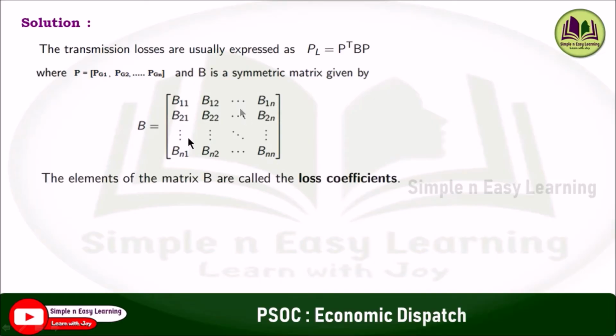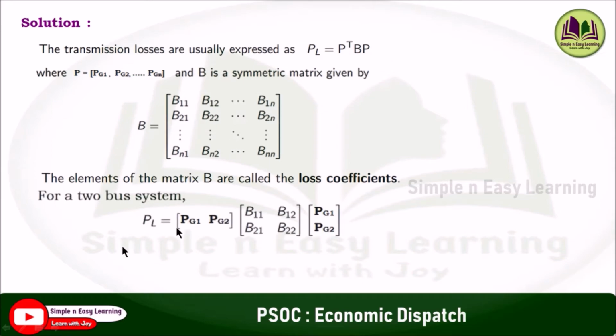The elements of this matrix B are called the loss coefficients. In this problem we are considering only a 2-bus system, so PL equals the P transpose matrix, PG1, PG2, into the symmetric B matrix B11, B12, B21, B22, into the P matrix, PG1, PG2.